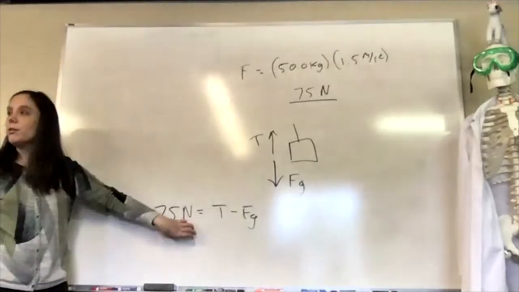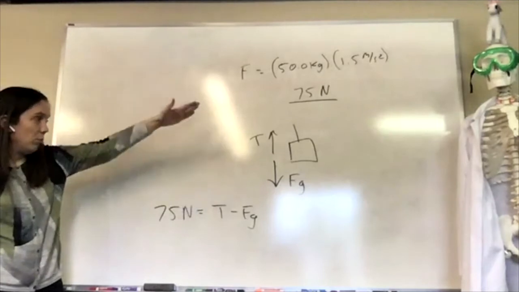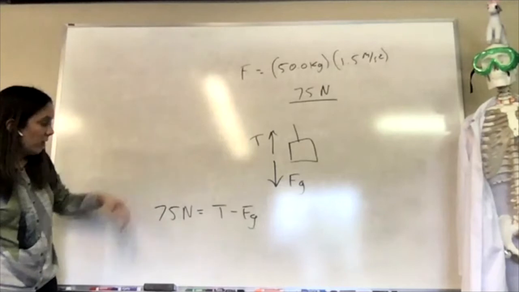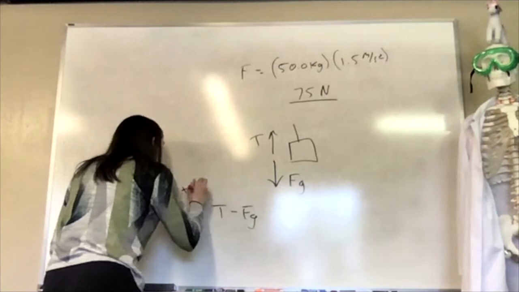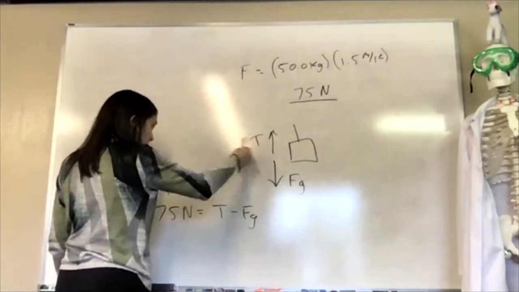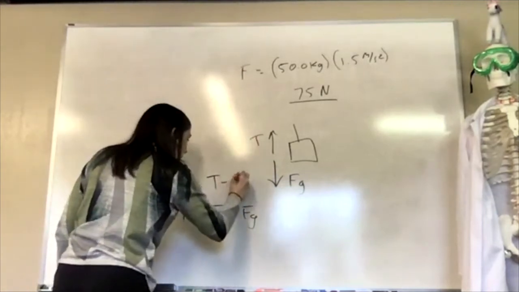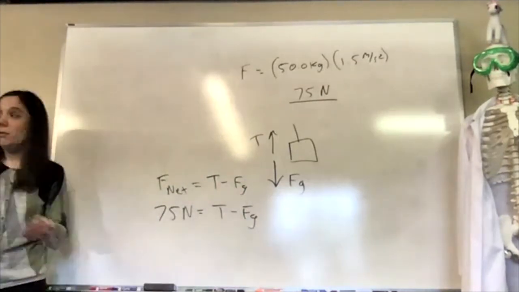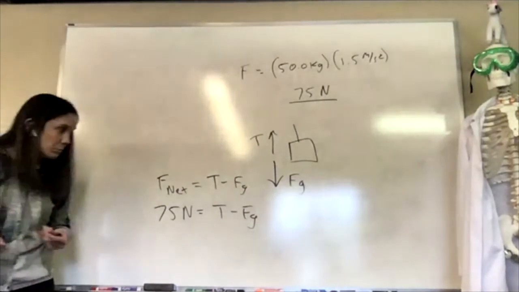Okay, are you with me so far in this equation? We used m times a, the mass of the bucket, 50 kilograms, times the acceleration of the bucket, 1.5 meters per second squared. Multiplying those together gives you the net force, which equals the two forces in play added together: tension, positive, and force of gravity, negative. That's the equation we're using to solve for the individual forces acting on the bucket, force of gravity and tension.